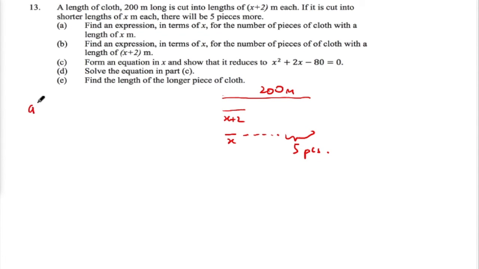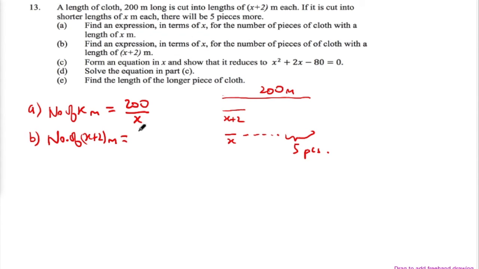Therefore, in the first part, to find the number of pieces of length x, it's simply taking the whole length and dividing by the length of each piece. Similarly, to find the number of lengths which are x plus 2 meters, we just take the total length and divide by the length of one piece.